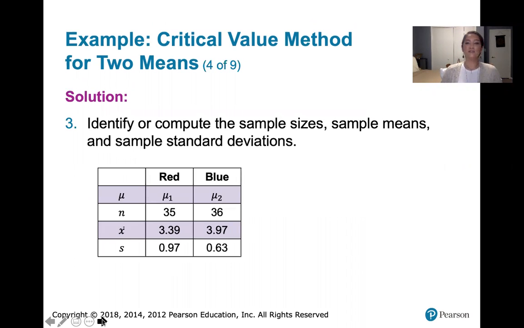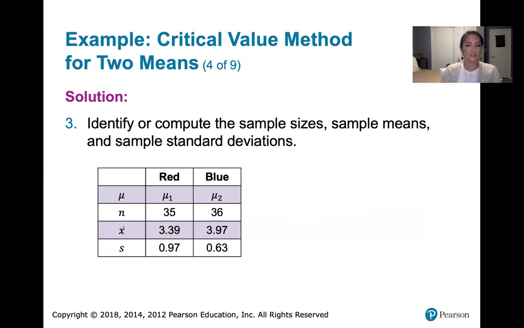Then you either identify the sample sizes, sample means, and sample standard deviations or compute them. They were actually given to us in a summary table like this. When you do your homework over this material, sometimes they're actually going to give you the sample itself. Then you'll have to count all the values in your sample or use Excel to count them. That's going to be your N. You might have to compute the sample mean and sample standard deviation as well.